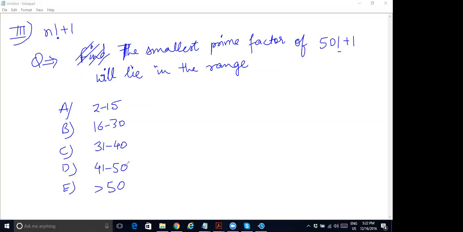Okay, so first of all, I'm trying to take a smaller number like 4 factorial plus 1. And so with that, let's make it, instead of 50 factorial, 10 factorial.